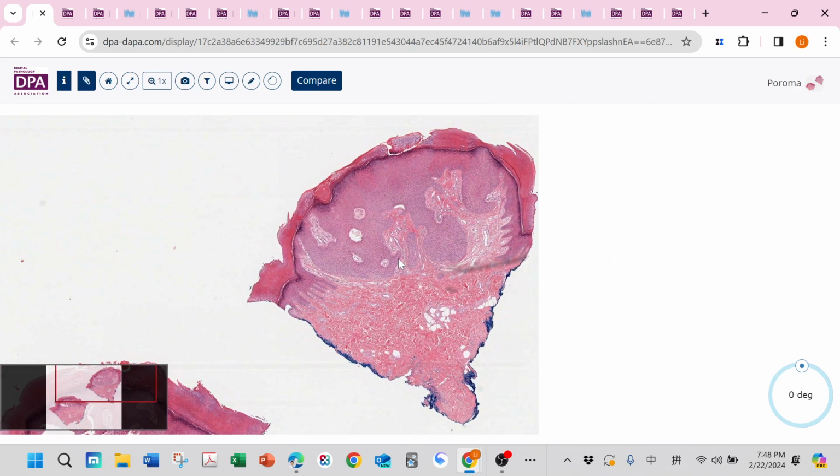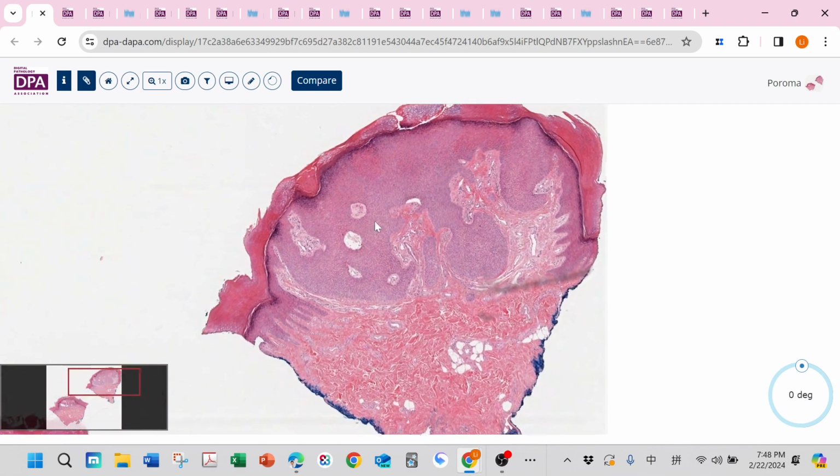Even in low power, we appreciate that it is really well demarcated. We can see this is normal epidermis, then this pale area is the poroma cell area. So really well demarcated. We can see a distinct difference between these two populations.